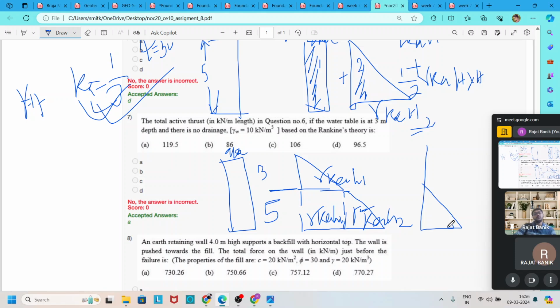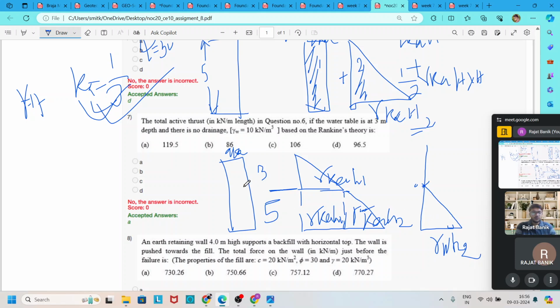Water adds force on the active thrust, and it is present on the second layer. From here it is 0, and it is gamma w into H2.